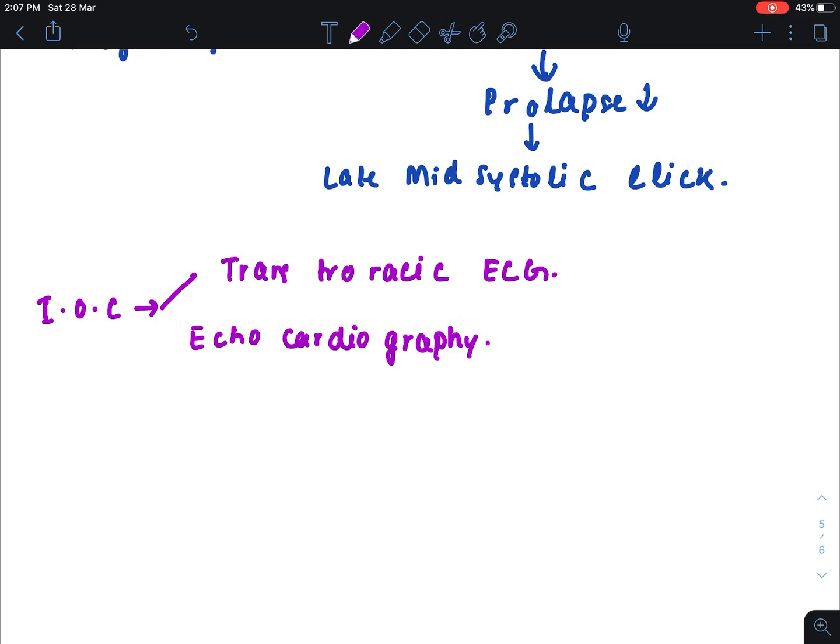In echocardiography we can see upward displacement of the mitral valve of more than 2 mm.